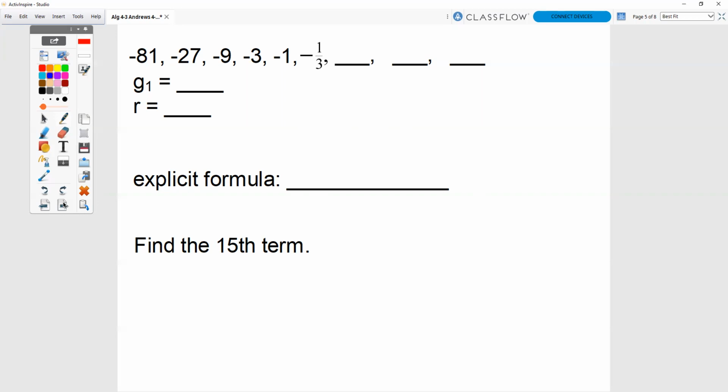I would start here because they're all the same. -1 divided by -3 is 0.3 repeating. -3 divided by -9 is 0.3 repeating. -9 divided by -27 is 0.3 repeating. -27 divided by -81 is 0.3 repeating. So what I'm really doing is multiplying by 0.3 repeating each time.